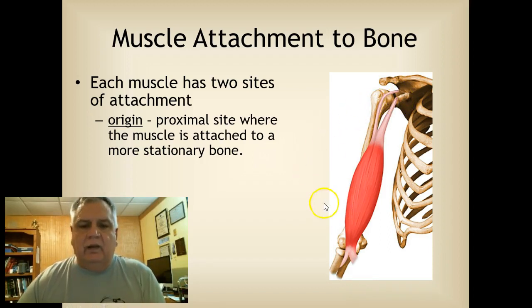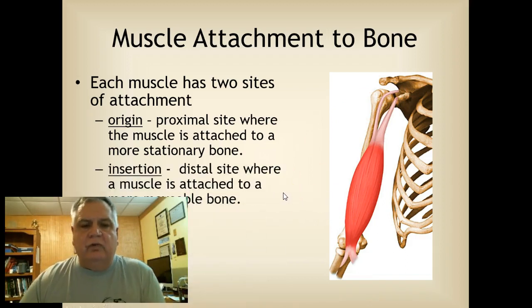Okay, the other side of attachment is referred to as the insertion. The insertion is defined as the distal site where a muscle is attached to a more movable bone. So as we move along the muscle here, we move further and further away from the site of origin or the root, so we're moving distally.